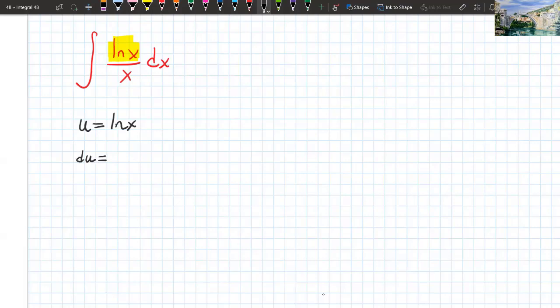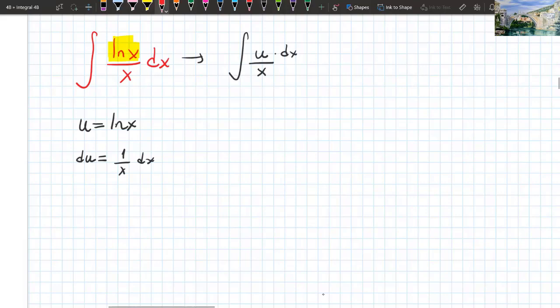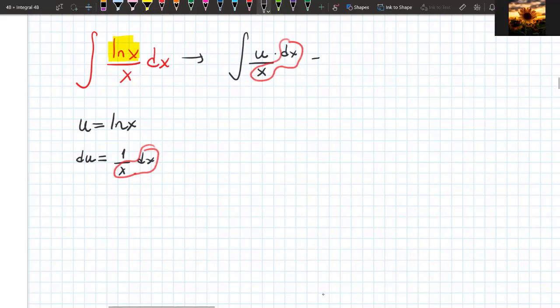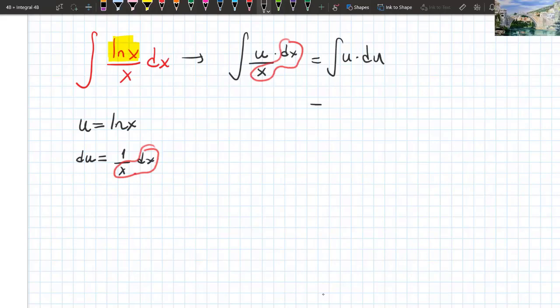What is the derivative of ln x? 1 over x, so du is 1 over x dx. Look at this. Our integral becomes ln x, which is u, times dx over x. Do you see dx over x here? What is dx over x? It's du. So our integral becomes u du.